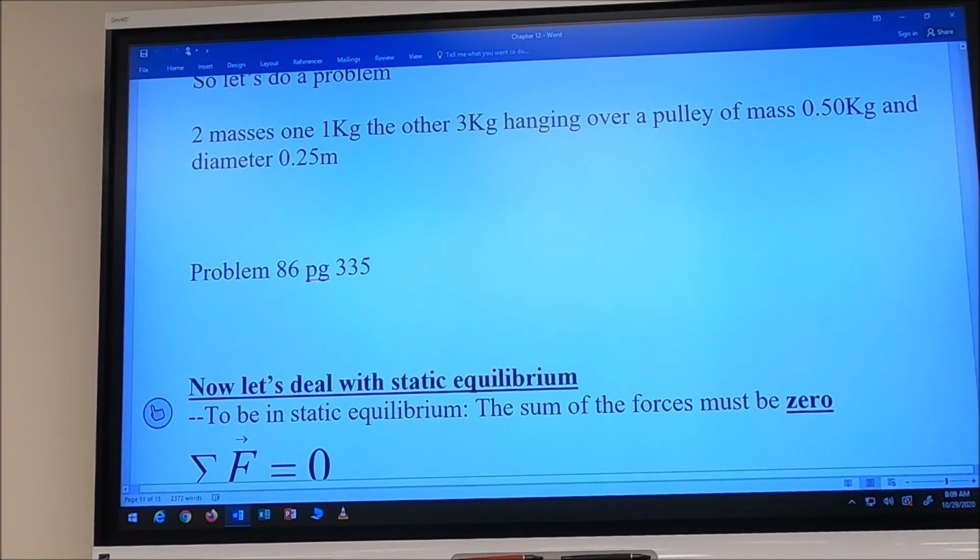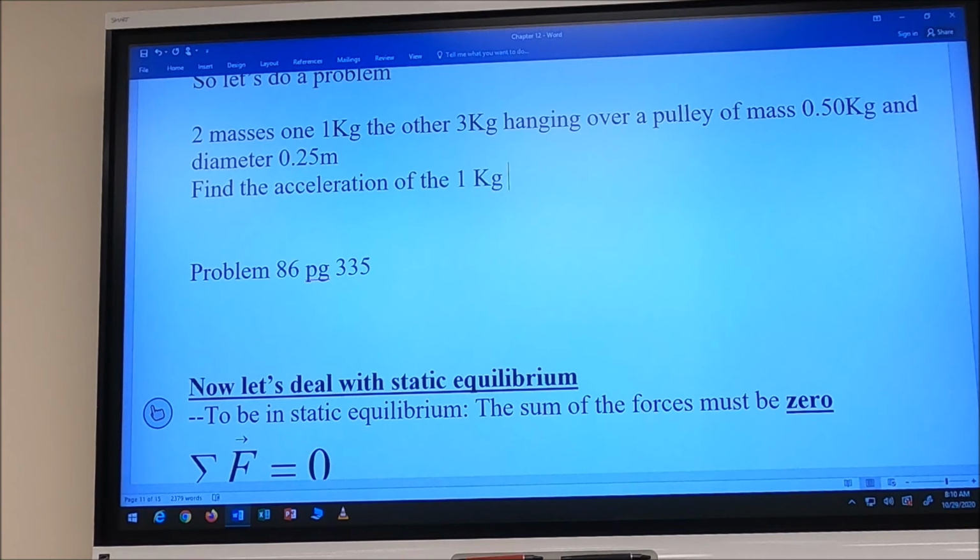Find the acceleration of the one kilogram mass.